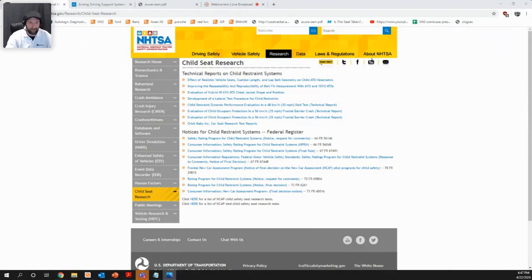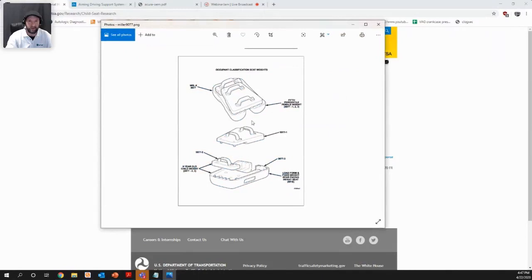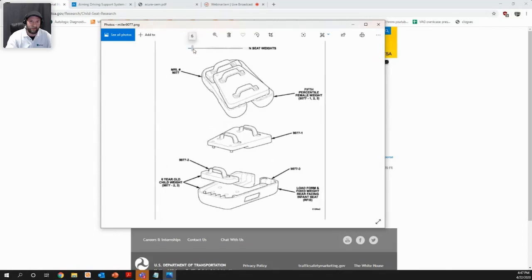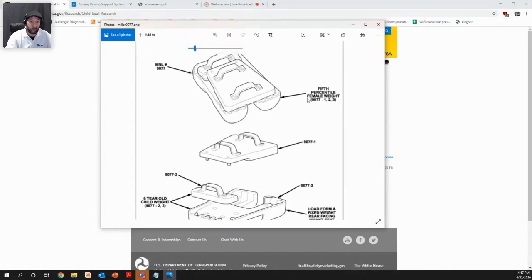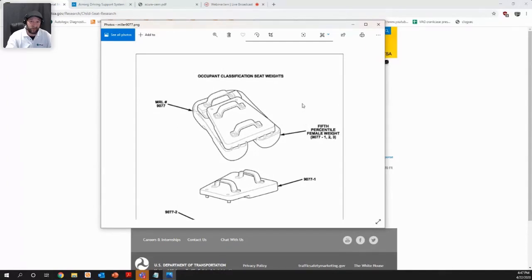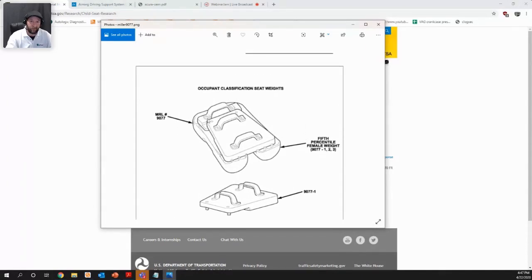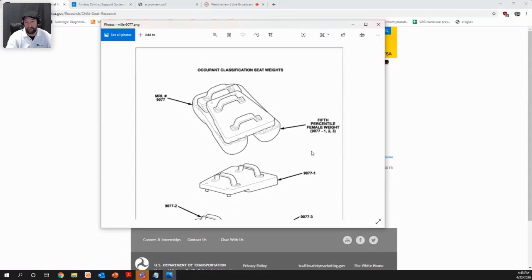But if I bring this over here, you should be able to see, here is your butt weight. Here's the legs, and here's the butt. That is a Chrysler weight scan tool. I'll even zoom that in a little bit for you there too, because again, these seat weight systems are being used by a lot of different manufacturers, pretty much every manufacturer at this point. But what we have here is multiple weights, fifth percentile female weight.